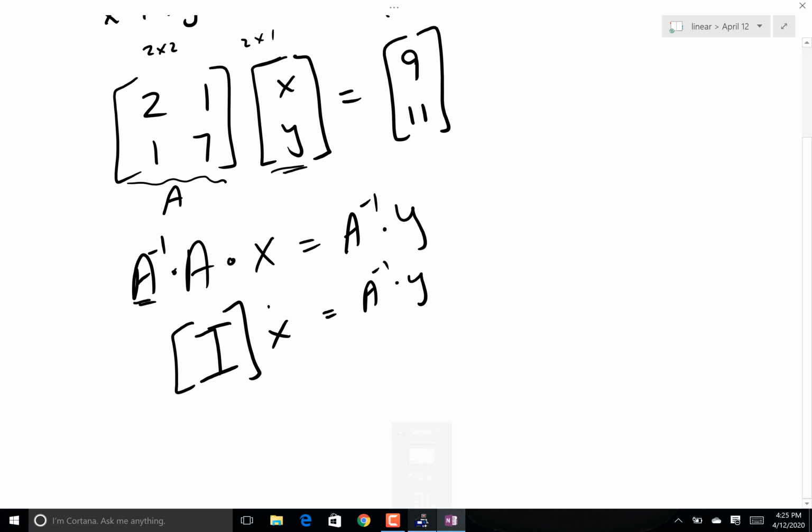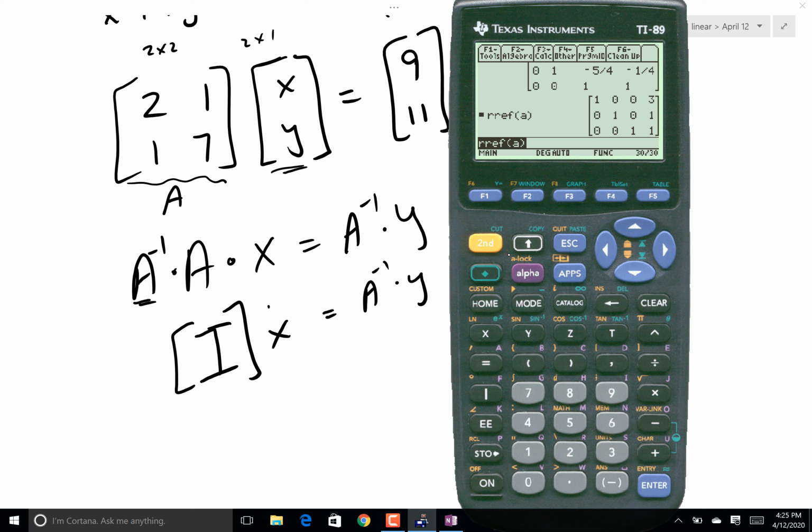And so to do that on my calculator, I think that's kind of an interesting deal. So 2, 1, semicolon. I'm going to store that as, I don't know, B, I guess, because I can.